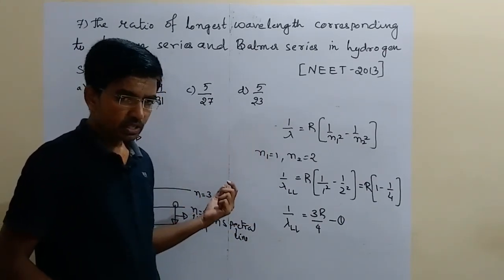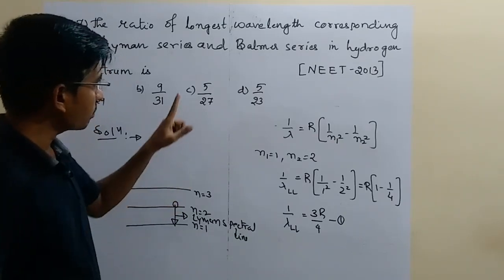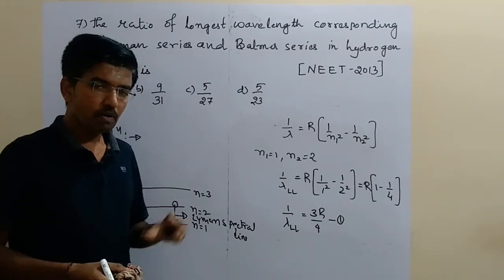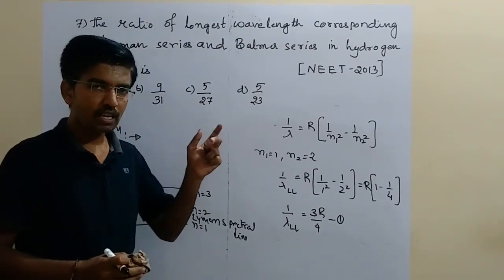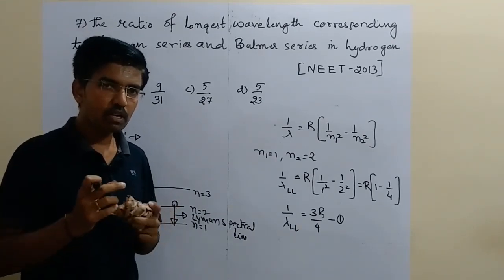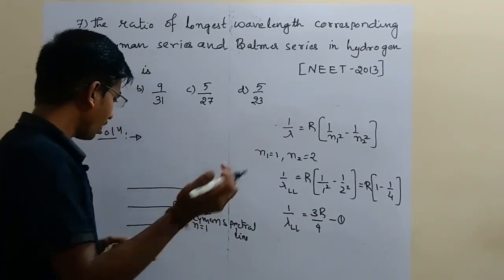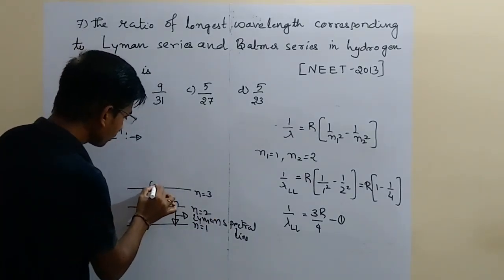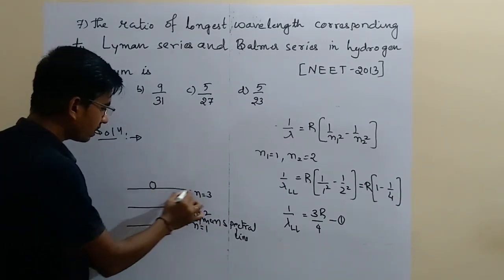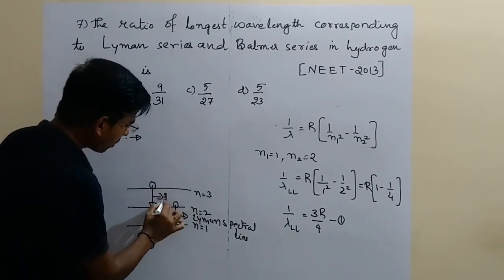By using the same procedure, let us find the longest wavelength of the Balmer series. We know that whenever the electron makes a transition from higher energy levels to n is equal to 2, the corresponding spectral lines are called Balmer series or Balmer spectral lines. For example, if an electron present in n is equal to 3 makes a transition from n is equal to 3 to n is equal to 2, it gives a Balmer spectral line.